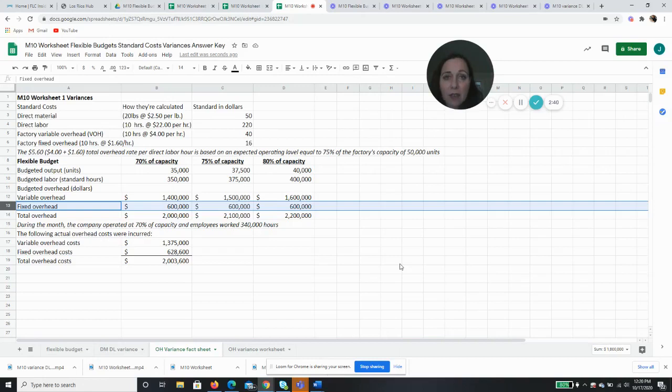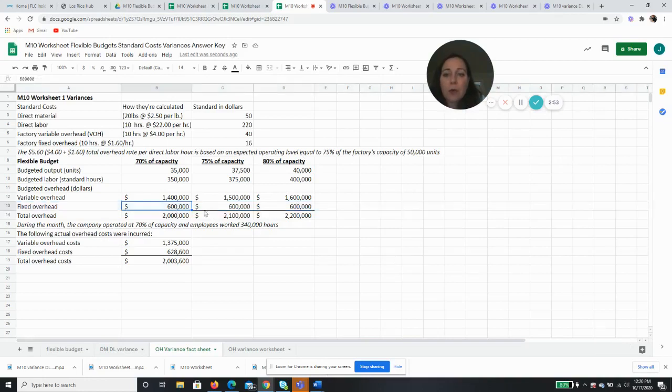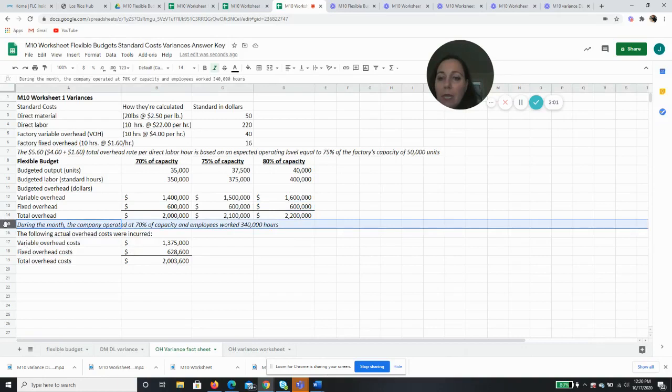There are those kinds of lease agreements, but not in this course. So, rent's not going to change. Depreciation's not going to change. So regardless of what level of capacity we're at, fixed overhead is always going to be the same at this budgeted amount.